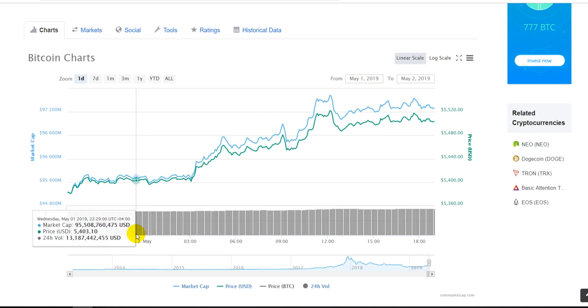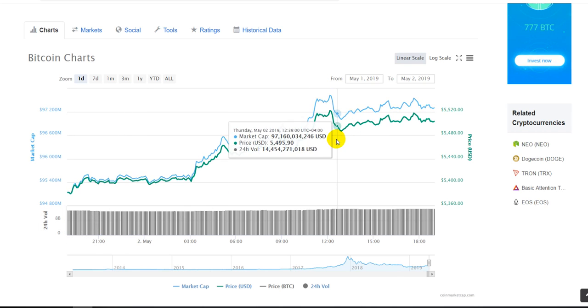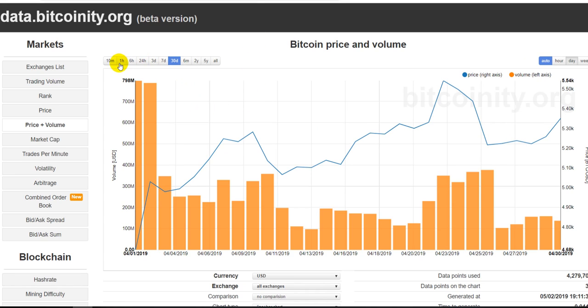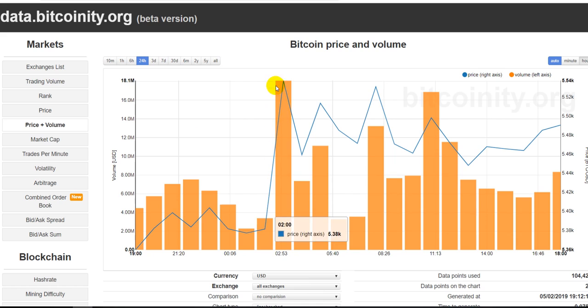As you can see here, it looks like the volume was the same the whole 24 hours, but it is not. When we go to the 24-hour here, you see that there were huge differences in volume. I don't know why CoinMarketCap is not reflecting this. This is very interesting when you see the volume.